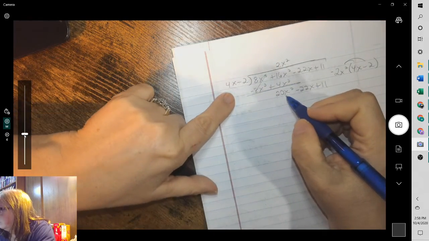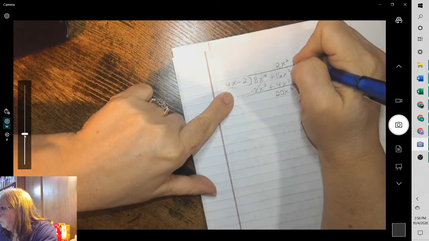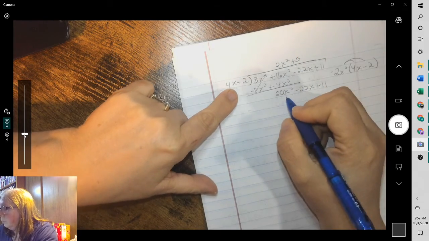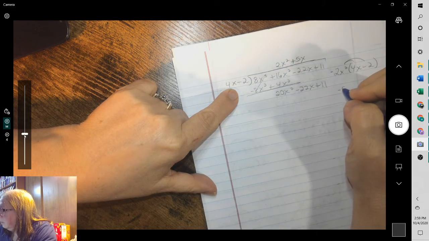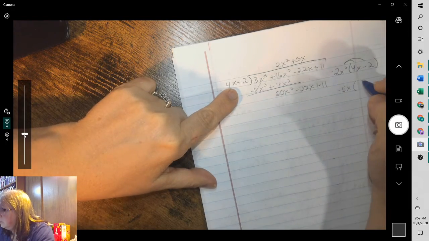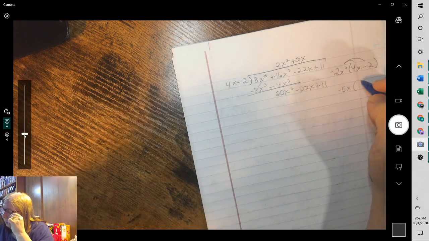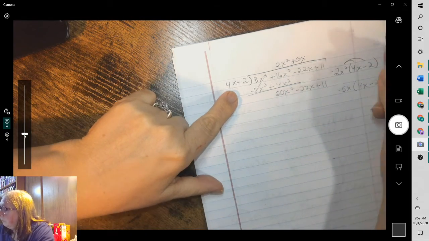We have 4x. We need 20x squared, so we need 5, because 5 times 4 is 20. And we need one more x, so we need to multiply by 5x. And we're subtracting, so I'm going to make it a negative 5x. And what do I have? I have 4x minus 2.